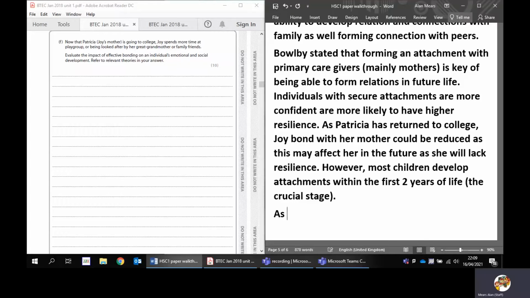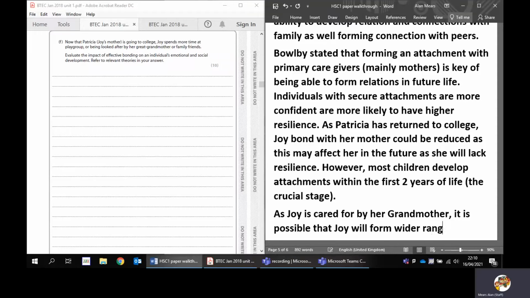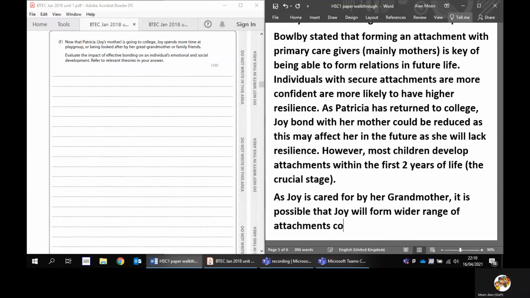So as Joy is cared for by her grandmother, it is possible that Joy will form a wider range of attachments which could help her feel more secure.